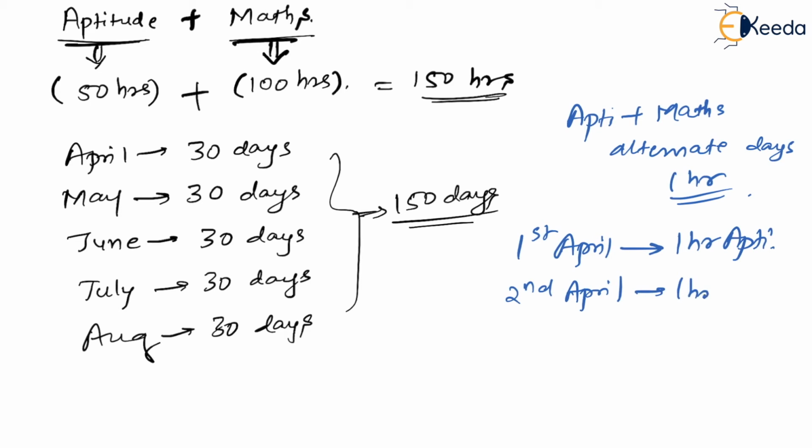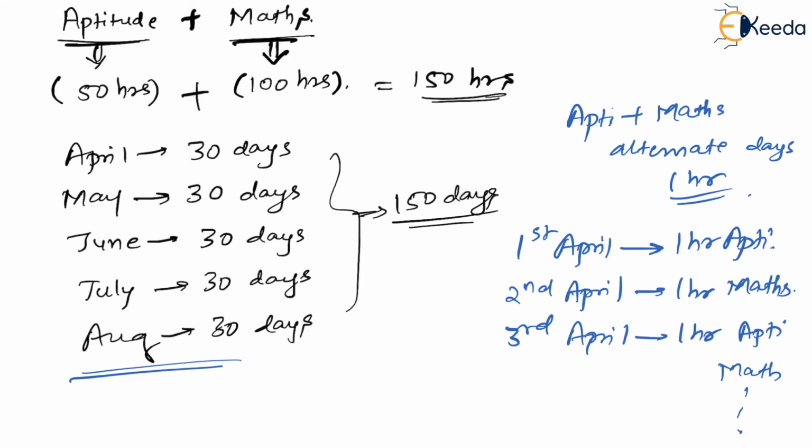Then on the 2nd April, you please do 1 hour of maths. Then on the 3rd April, 1 hour of aptitude again, and then again maths, and then again aptitude, and so on. At the end, 150 hours will be easily completed.